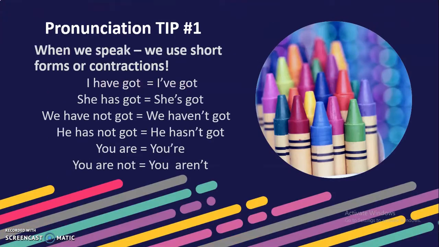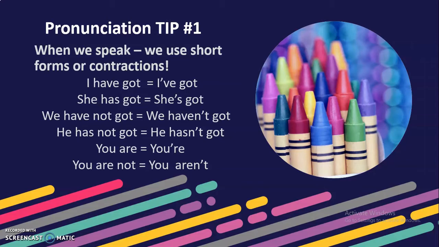Before I proceed to the second section, let me give you a pronunciation tip. When we speak in the English language, we mostly use the short forms, or what we call contractions, because they are more natural. These examples can be good for you. When you speak, you don't say, I have got. You say, I've got. She has got.